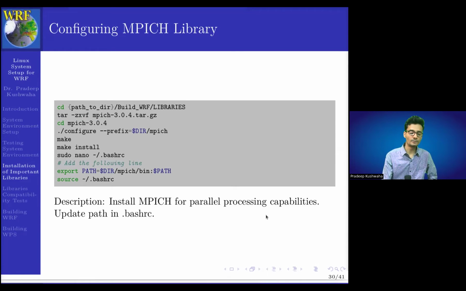One more important point I would like to mention is that sometimes the MPICH version may not be compatible with the system environment. If you are using the latest Ubuntu version and other latest compilers, sometimes it may cause problems. It may not be able to recognize that MPICH version, so there may be some syntax problem or other issues.